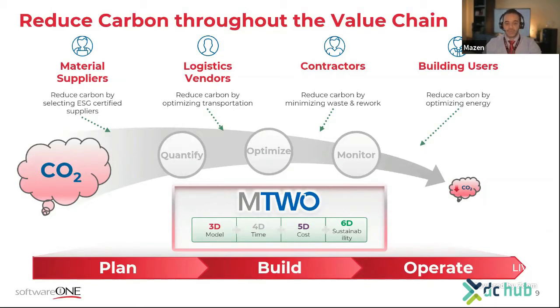We can work with contractors who are willing to minimize waste and lower carbon footprints. And this process can happen in 3 main steps, which are quantifying the carbon footprint, optimizing the carbon footprint, and monitoring the carbon footprint.